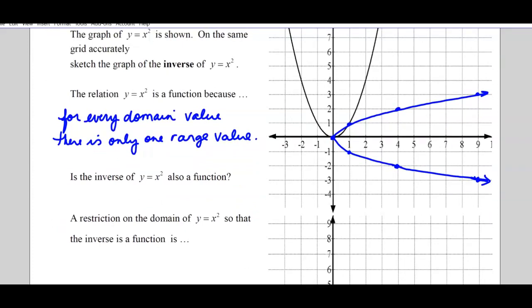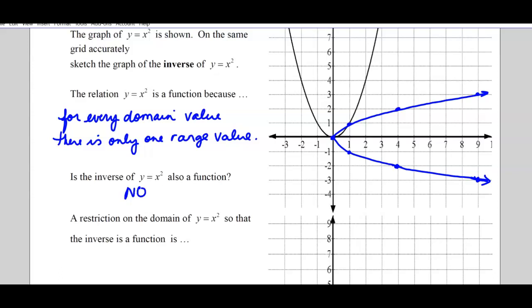Take a look at your inverse. Is it a function? No. For every domain value, there are now 2 range values. For almost all of the x values, except obviously this one, there's just 1. So, no.